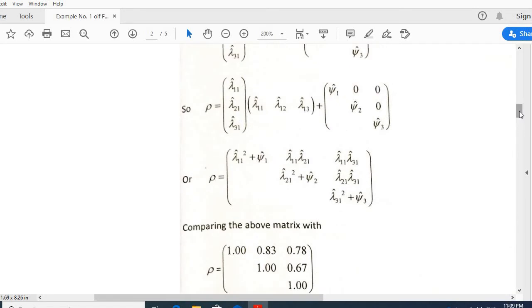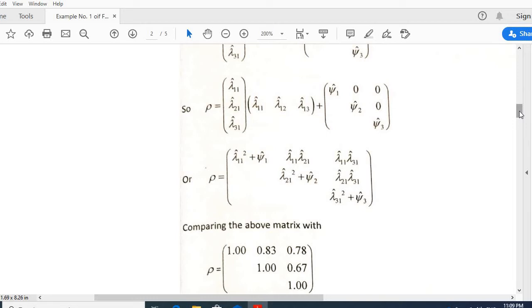So rho has become lambda 1 1 square plus psi 1 head, lambda 1 1 head into lambda 2 1 head, lambda 1 1 head into lambda 3 1 head. Similarly, lambda 2 1 square plus psi 2 head, lambda 2 1 head into lambda 3 1 head, and lambda 3 1 square plus psi 3 head.